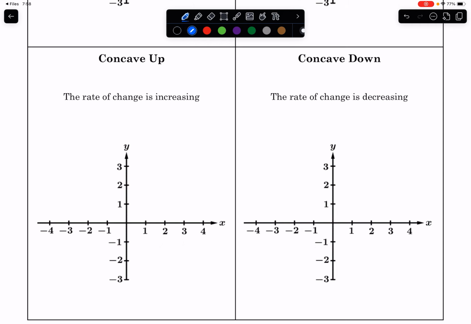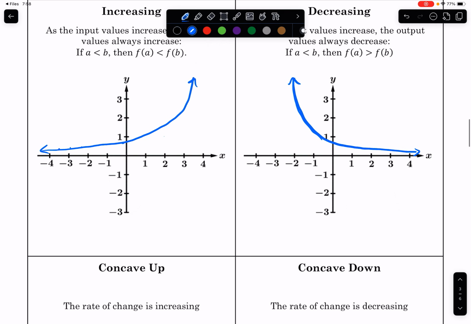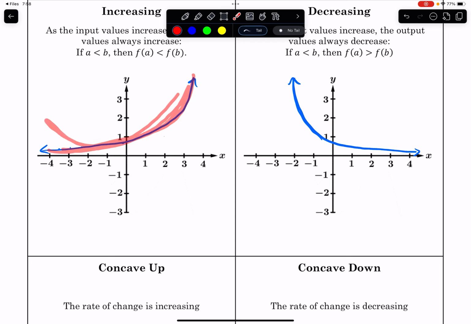An example of concaving up would be the two examples that we have up here. Both of these are examples of concaving up. It's like a cave, like an upside down U kind of. But this one doesn't go back down because it's always increasing, so there's no place of decreasing. But again, they're examples of concaving up.